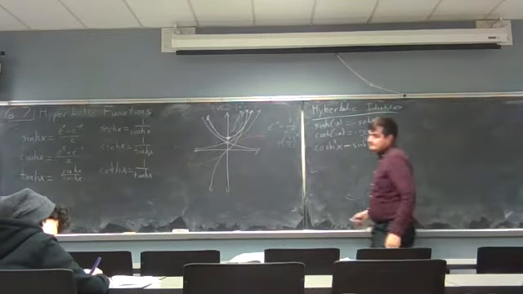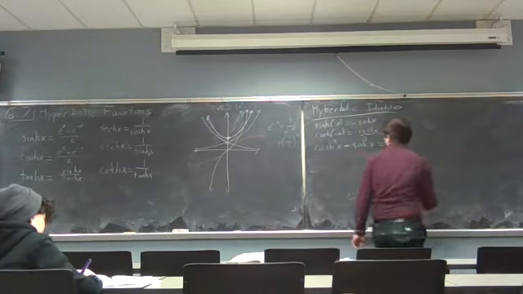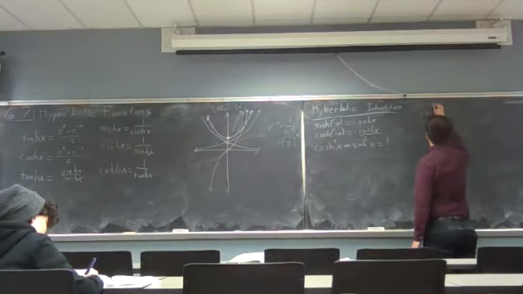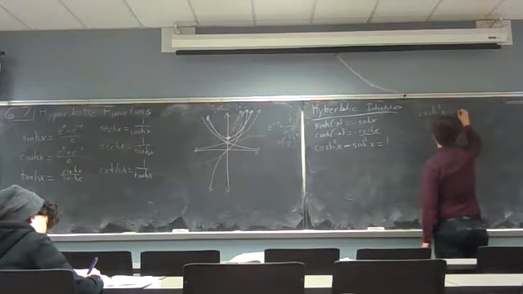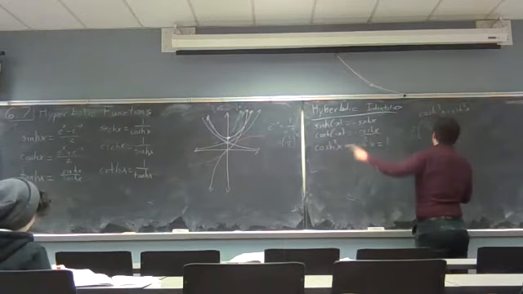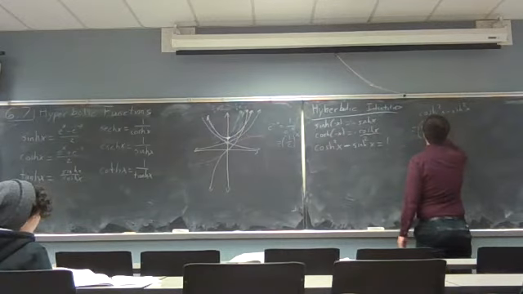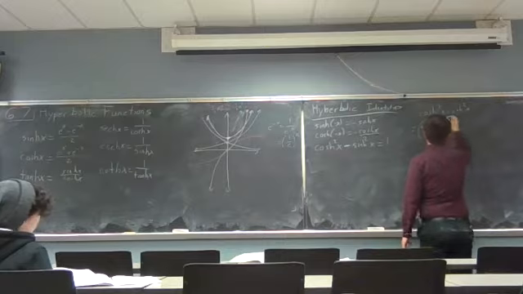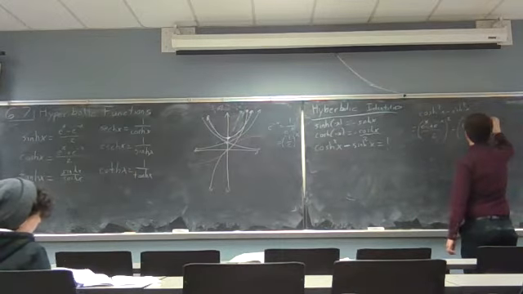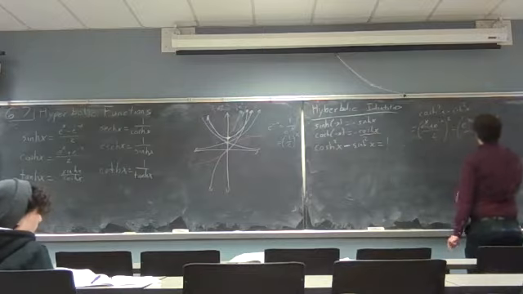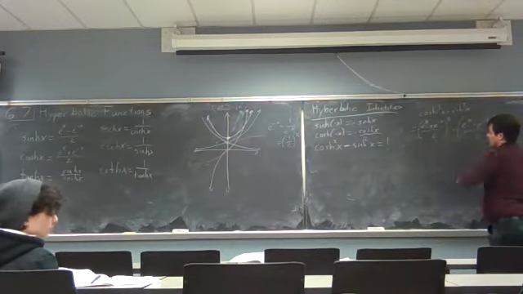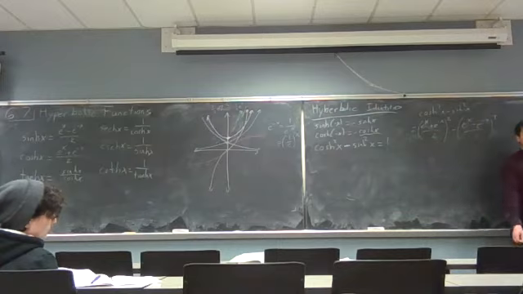And maybe, because the book does it, I'll show you real quick what that is. So, cosh squared x minus sinh squared x. Cosh is e to the x plus e to the negative x divided by 2, squaring that, and then sinh is e to the x minus e to the negative x divided by 2. What is e to the x plus e to the negative x, squared? How do I do that?